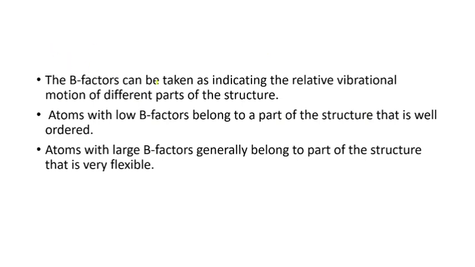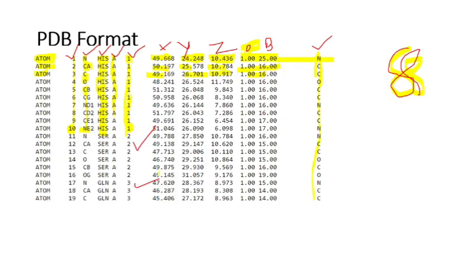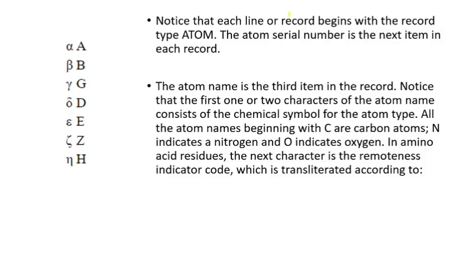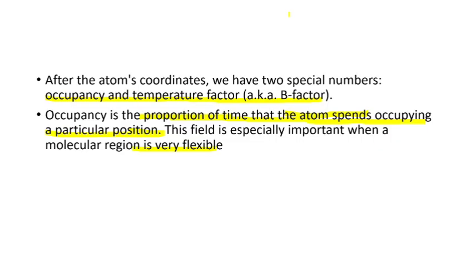And B factor. The B factor indicates the relative vibrational motion in different parts of the structure. Atoms with a low B factor belong to a part of the structure that is well ordered. Atoms with a large B factor generally belong to parts that are very flexible. So both these factors tell whether the atom is flexible or ordered. Occupancy tells about the proportion of time an atom spends in a particular position.